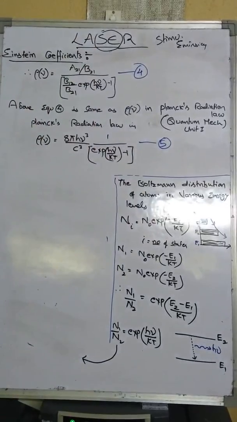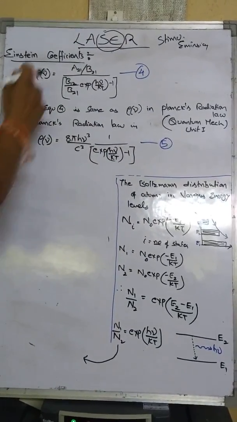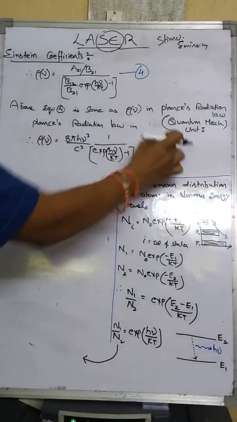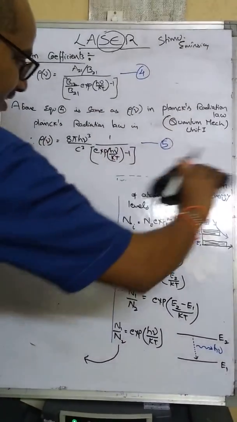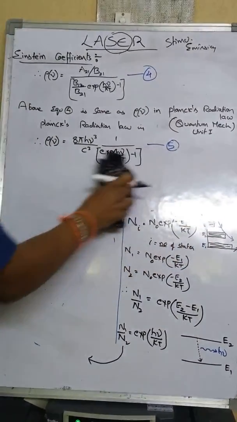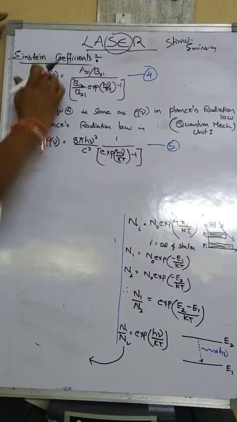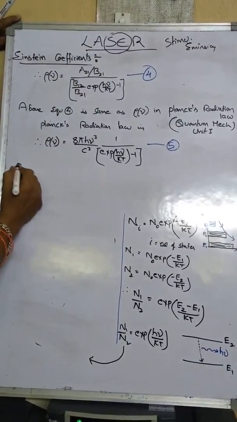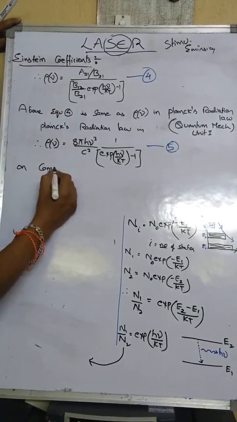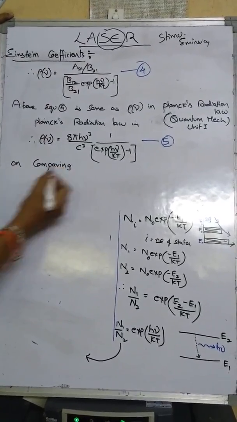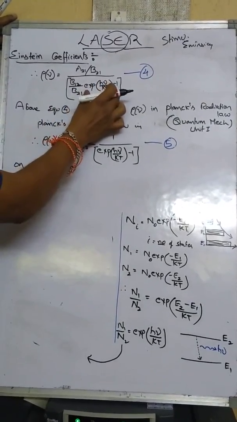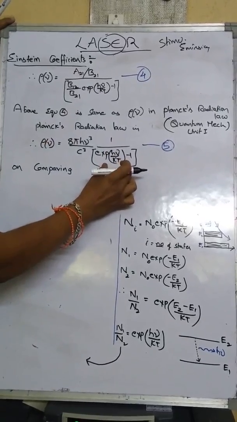Now if you compare equation 4 and 5, the terms on the LHS side are similar. The exponent term and this exponent term are the same.